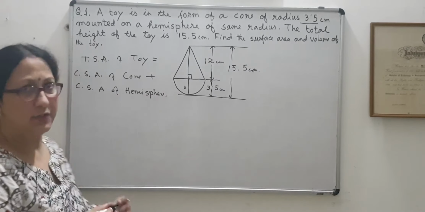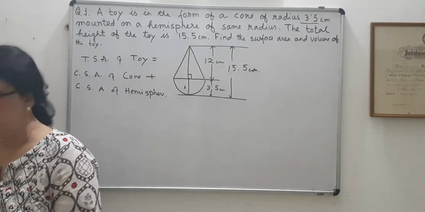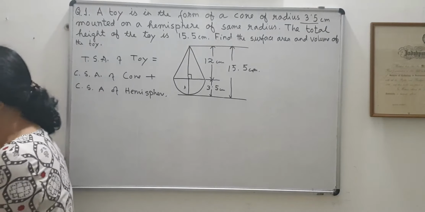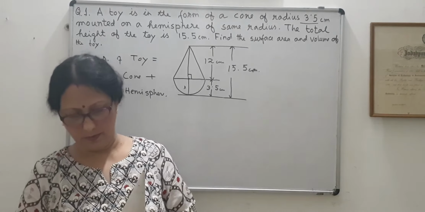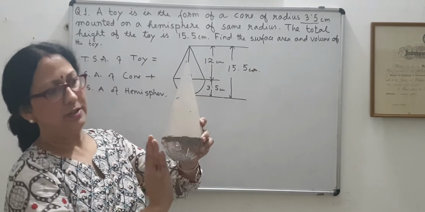This you can visualize very easily. This is the toy, so I have to take the CSA of cone and CSA of hemisphere.